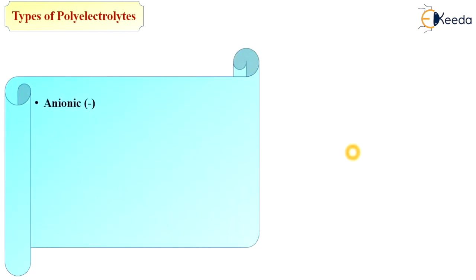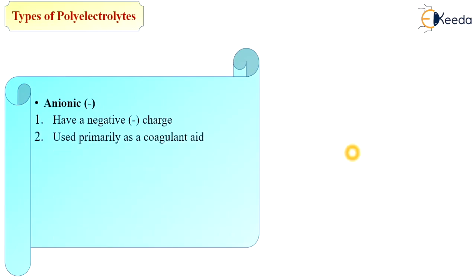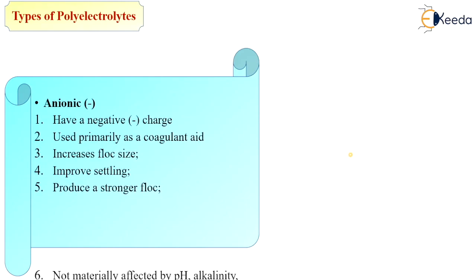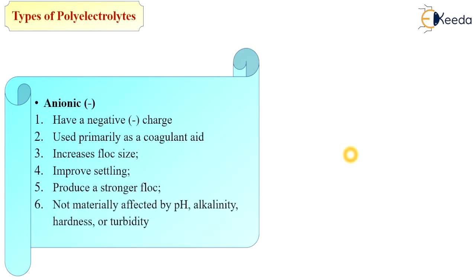The next type of polyelectrolyte is anions, which have a negative charge, used primarily as a coagulant aid, increase flock size, improve settling, produce a stronger flock, and are not materially affected by pH, alkalinity, hardness, and turbidity. So polyelectrolytes are available in either cationic or anionic nature depending on the characteristics of the raw water. We have to select which type of polyelectrolyte is to be used.